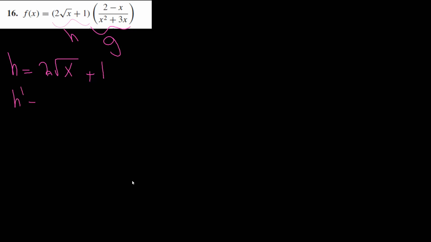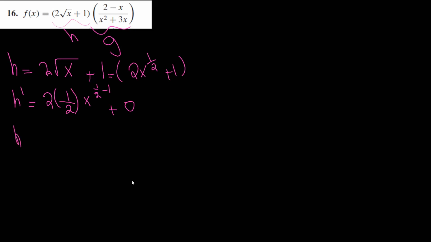So if h is 2 square root of x plus 1, I can write it as 2x to the power half plus 1. So its derivative is 2 times half x to the power half minus 1, plus 0.